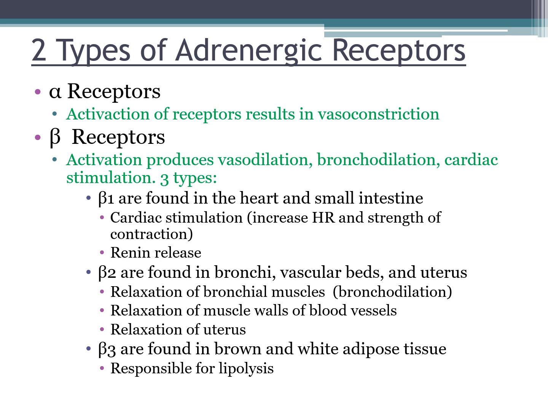Beta 2s are found in bronchi, vascular beds, and uterus. So you'll get relaxation of the bronchial muscles, relaxation of muscle walls of the blood vessels, and relaxation of the uterus. And beta 3s are found in brown and white adipose tissue and are responsible for lipolysis.